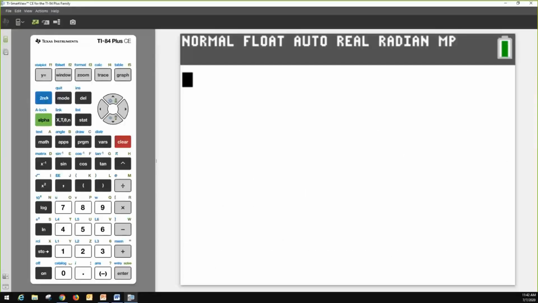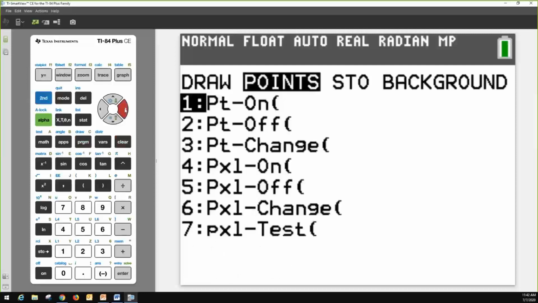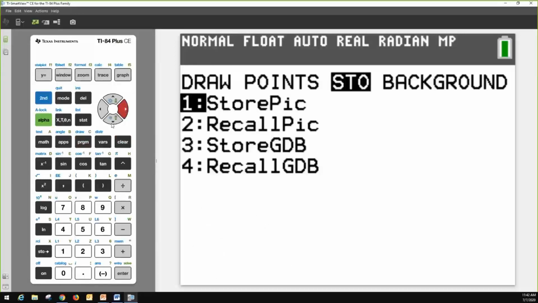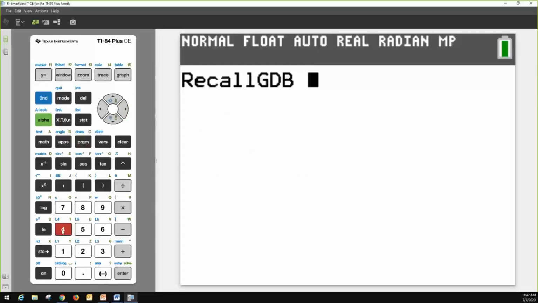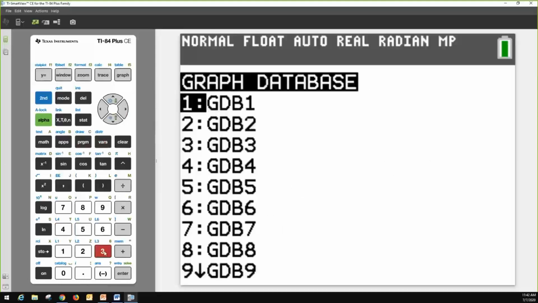To save a bit of time, I've actually stored this question on my calculator. To retrieve the question, I'm going across to what we call a graphical database. I'm going to recall option number 4, and I stored it effectively like question 3, so I stored it in graphical database number 3.